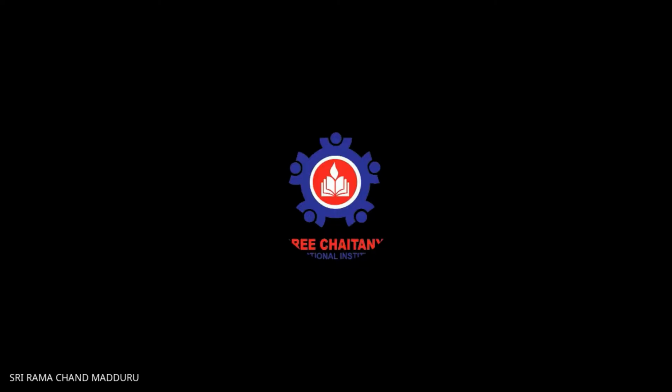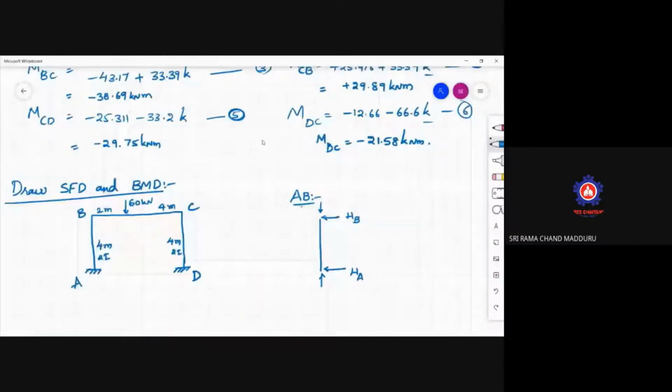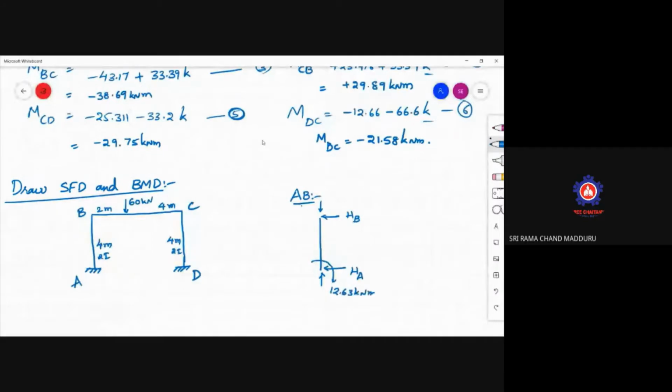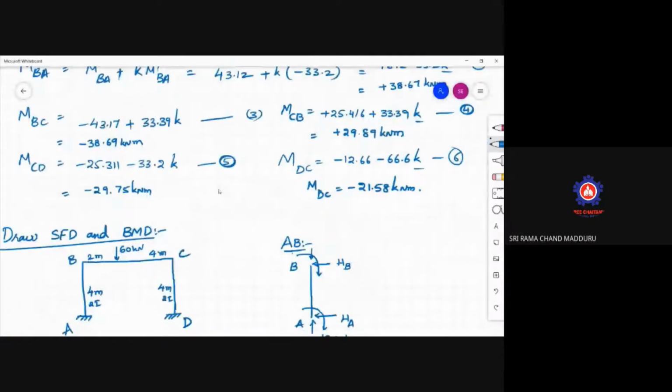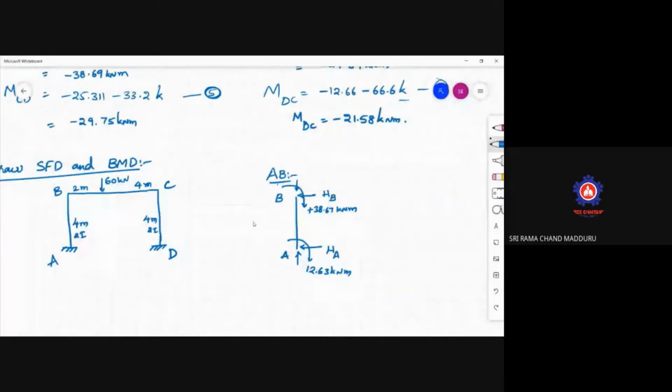You have to consider clockwise moment positive. So that's why this is giving a clockwise moment of 12.63 kilonewton meter. MAB is 12.63 kilonewton meter. Similarly, MBA is acting, which is 38.67. That's it. On column AB, there are no other forces. Only the two moments are acting at the ends.